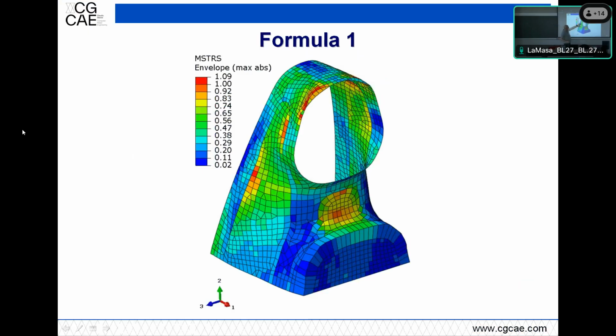Sometimes in case of this kind of structure, you can maybe tolerate some more than one, because you can tolerate some failures in some areas. So the regulations from the FIA say that it has to resist up to a certain quota, and above that quota the part can be damaged.